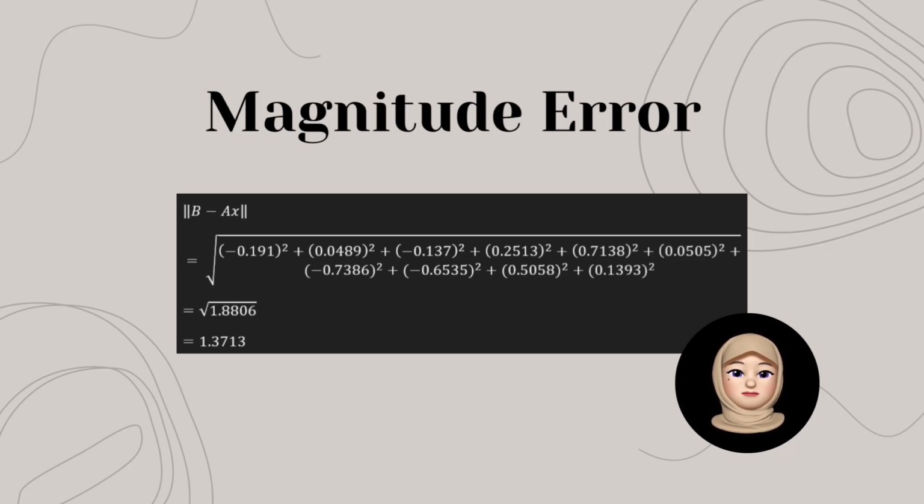Here, we substitute the values into the formula, compute the squares, sum them up to get 1.8806, and finally take the square root, which gives us the magnitude error of 1.3713. These values help us to understand how accurate our model is, with smaller errors indicating better predictions.